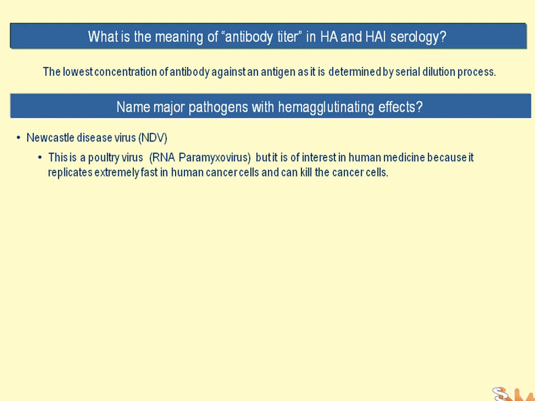It's an RNA paramyxovirus. From a standpoint of human medicine, it is of interest to us because it replicates extremely fast in human cancer cells and can kill the cancer cells as a result of it. As such, this is used as a vaccine against cancers.